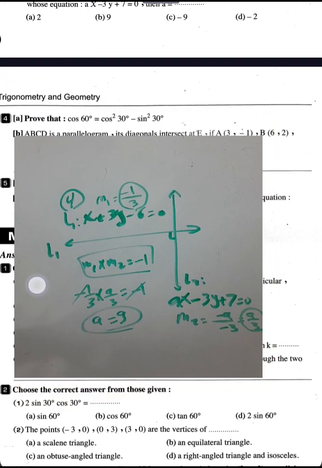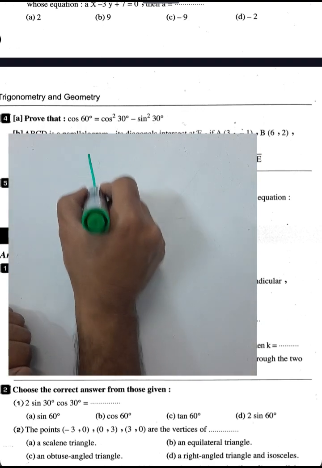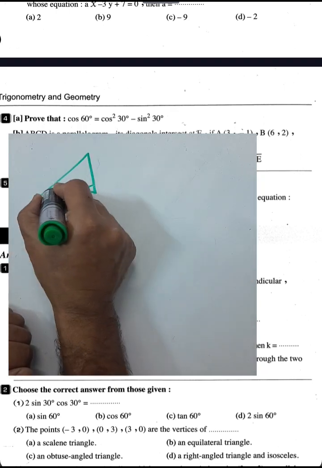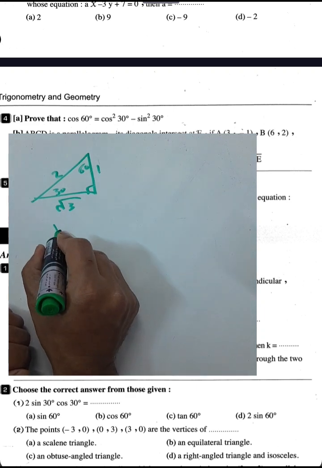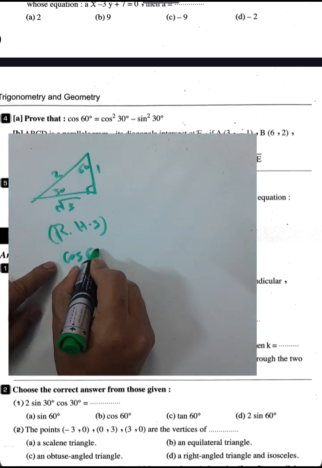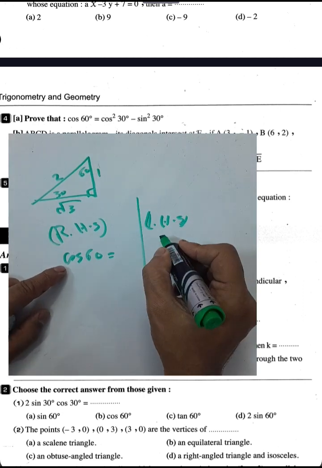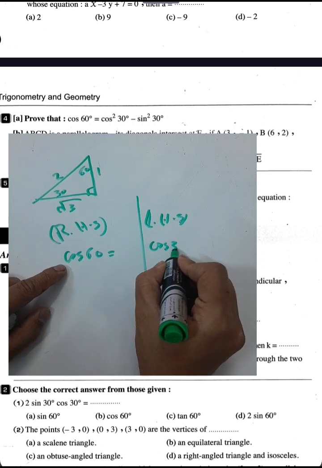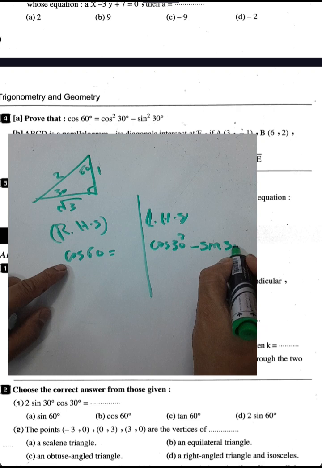Question number 5, prove that cosine 60 equals cosine 30 power 2 subtract sine 30 power 2. Okay, we can prove that here by drawing a right angle triangle with 30 and 60 angles, sides 1 and 2 and root 3. We have the right hand side here, cosine 60, and the left hand side, cosine 30 power 2 subtracted by sine 30 power 2.